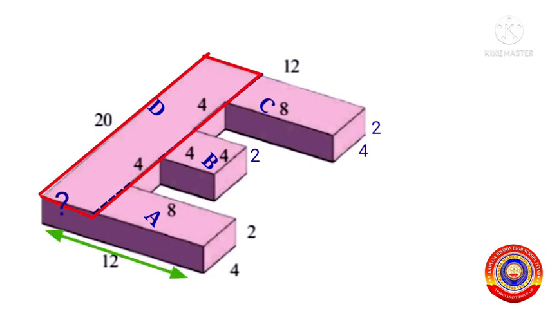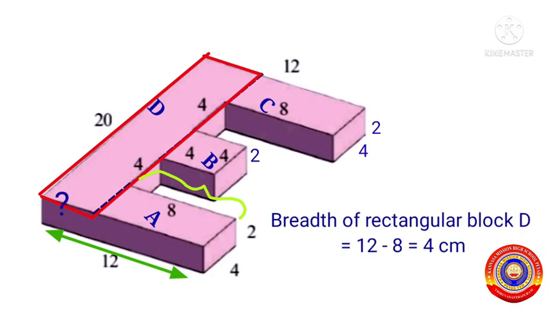Here, the total length is given as 12 centimeters. For finding the breadth of block D, we have to subtract this 8 centimeters from this 12 centimeters. That is, 12 minus 8 is equal to 4 centimeters. And the height of this block is also 2 centimeters.